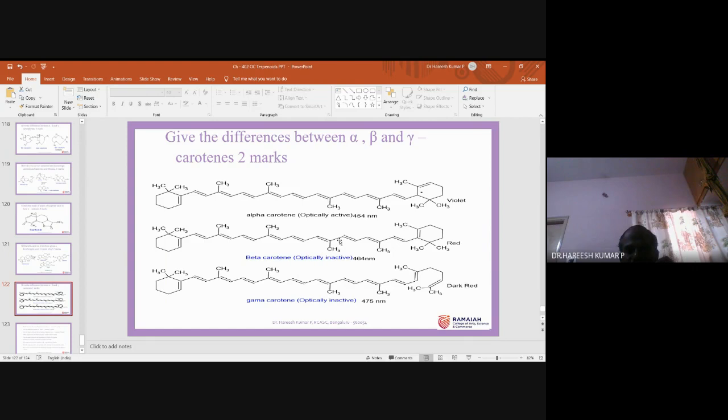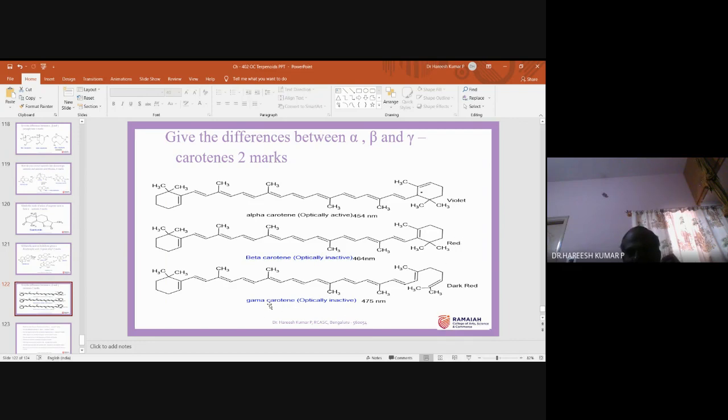Okay, so with respect to the difference between alpha, beta, gamma, if you are writing the structure, you can mention that alpha carotene has one chiral carbon atom, is violet in color, and its absorbance is 454. Beta carotene does not contain a chiral carbon atom, its absorbance is 464, and it is red colored.